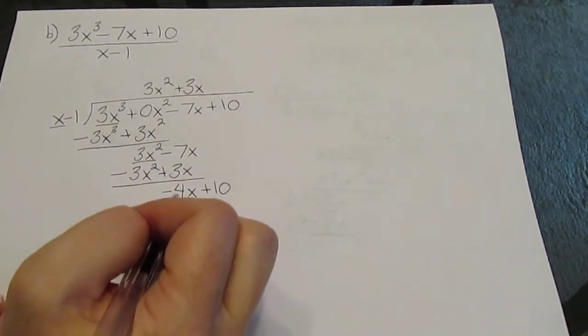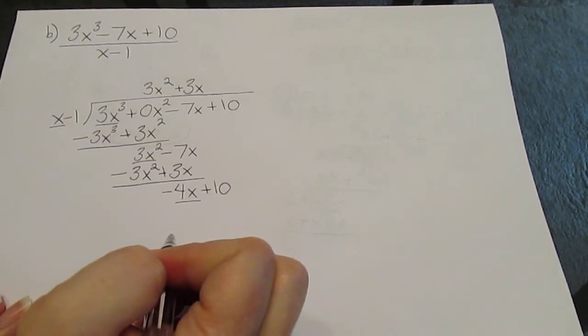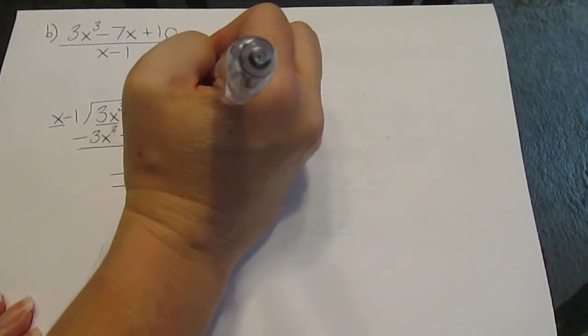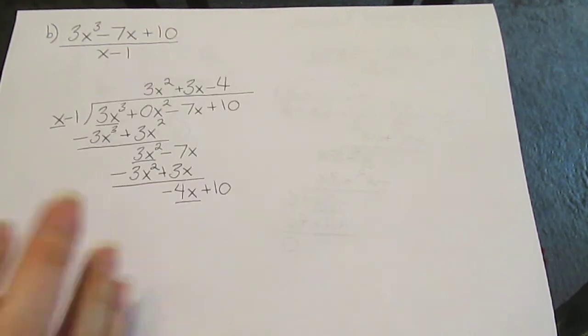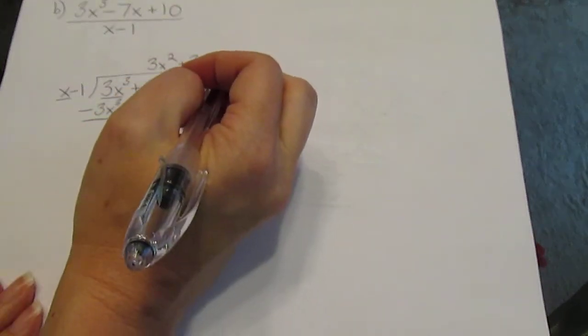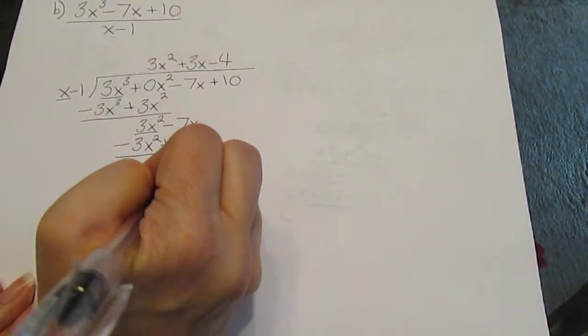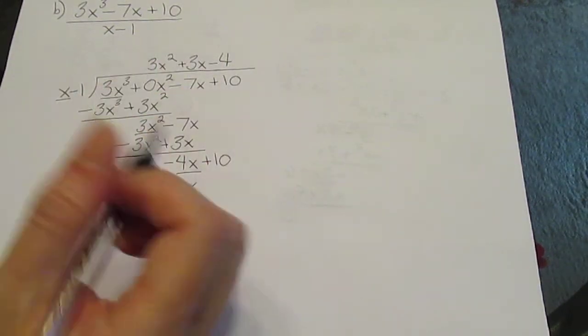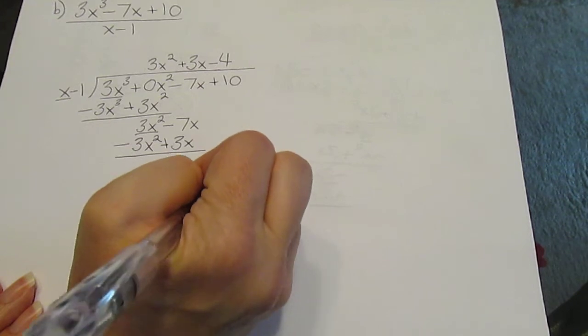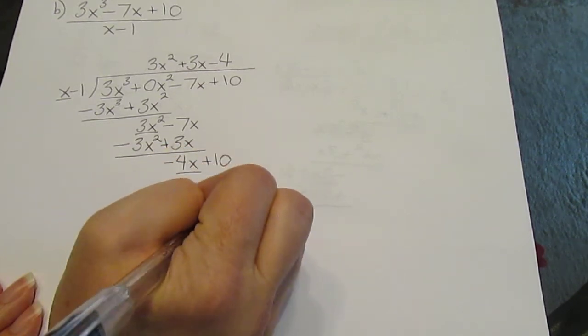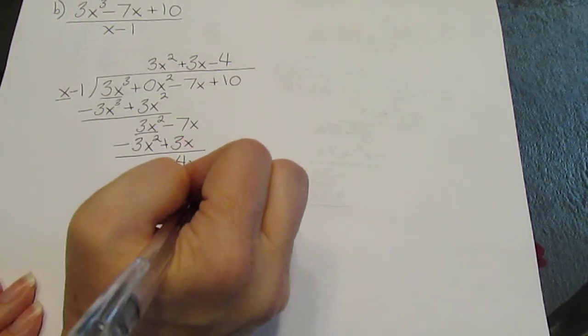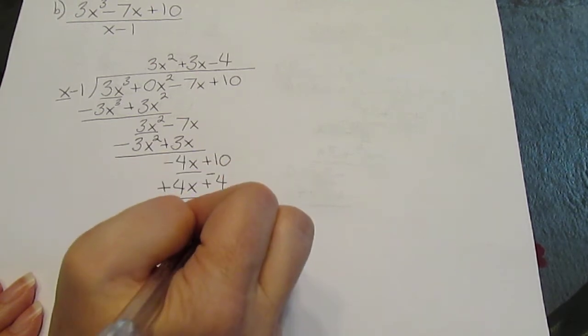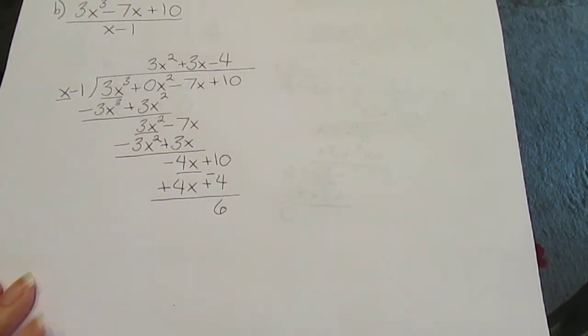One more time. So what times x gives me negative 4x? Negative 4. Multiply it. Negative 4 times x, negative 4x. Negative 4 times negative 1, a positive 4. Change the signs, and I get 6 for my remainder.